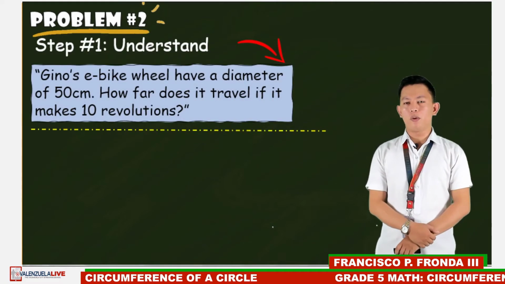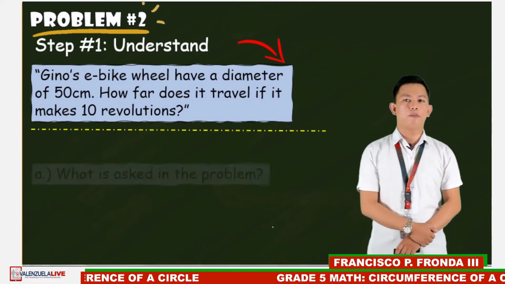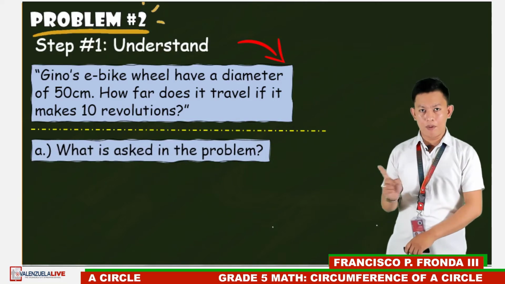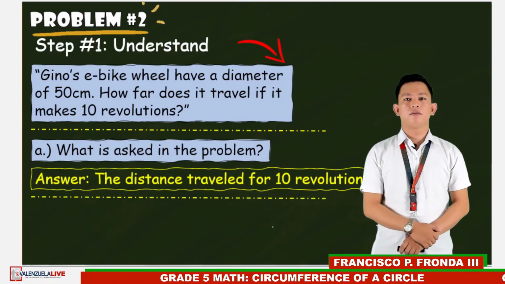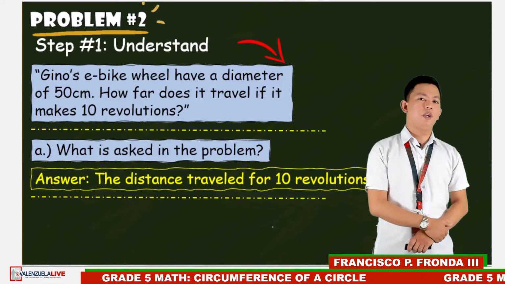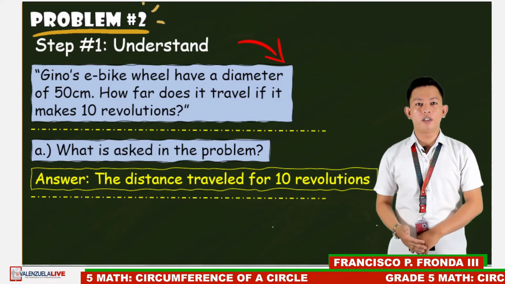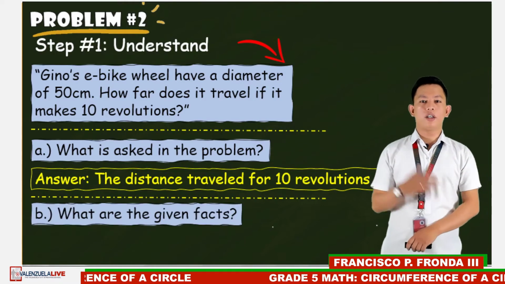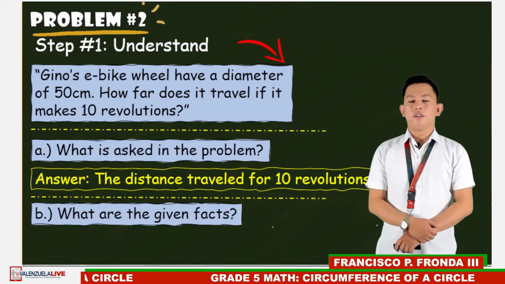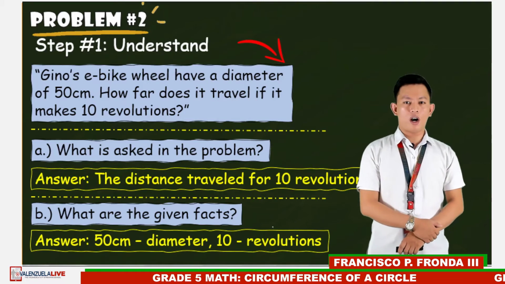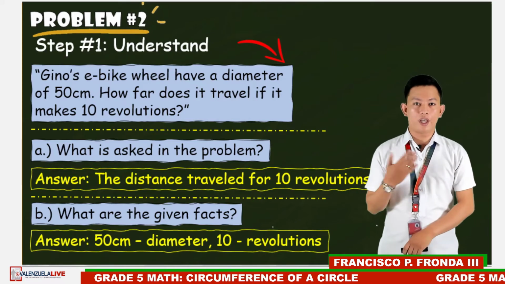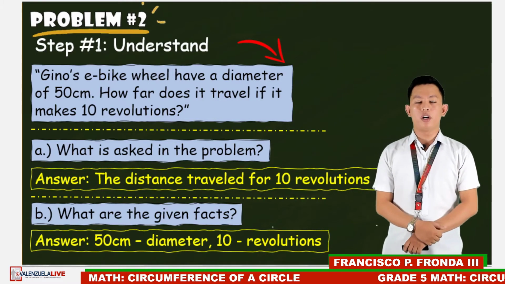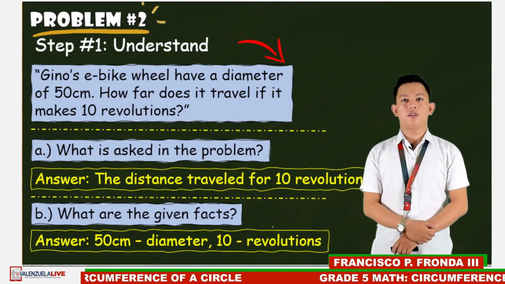Now, step number 1, let's understand this problem. What is asked in the problem, grade 5 learners? Good job. This should be the distance traveled for 10 revolutions. Then, what are the given? The given are 50 centimeters for the diameter and 10 for the revolutions.